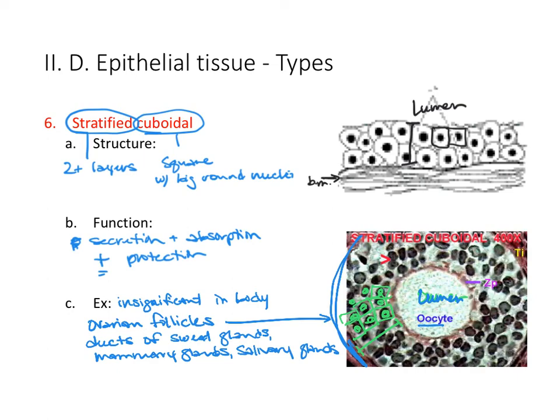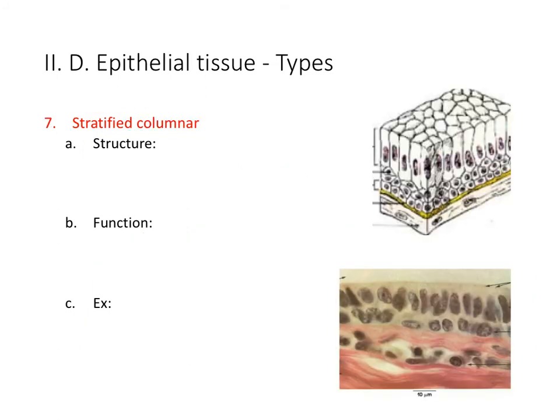We are going to again look at the ovarian follicle in lab. We won't look at the rest of the areas. The next tissue is called stratified columnar. So again, stratified, 2 or more layers. Columnar tells us these are kind of rectangular or tall cells.